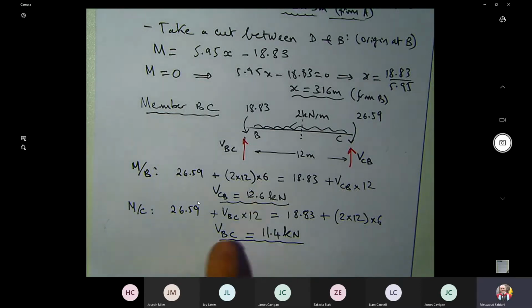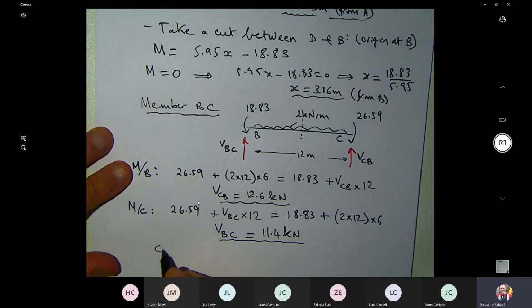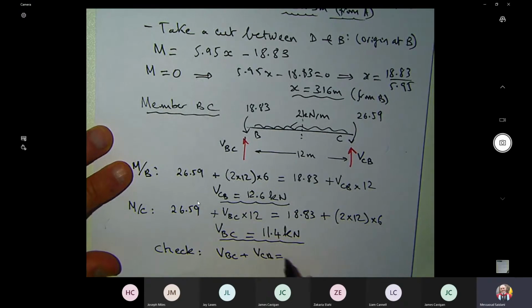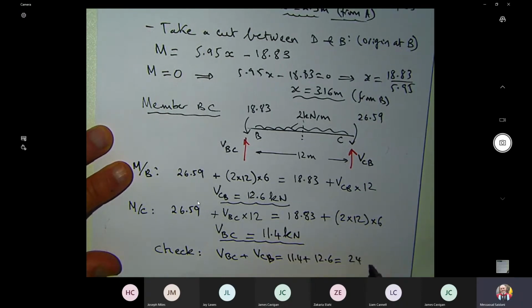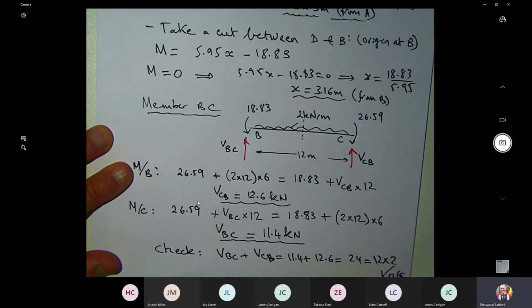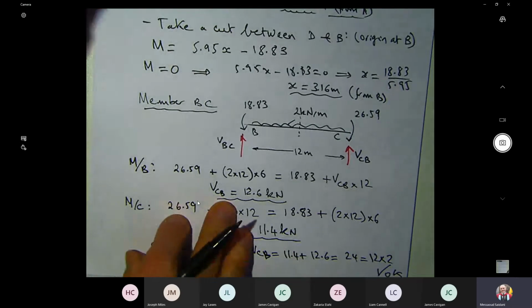Now check the vertical equilibrium. VBC plus VCB is 11.4 plus 12.6, 24, which is equal to 12 times 2, the UDL, and that is correct.